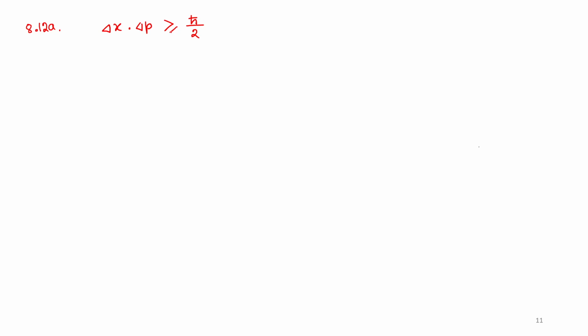Some uncertainty here, some uncertainty here, multiplied, greater than or equal to. So the minimum uncertainty is delta x into delta p equals h cut by 2, right?